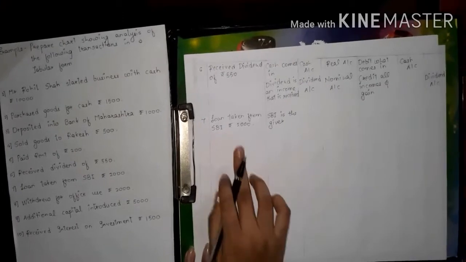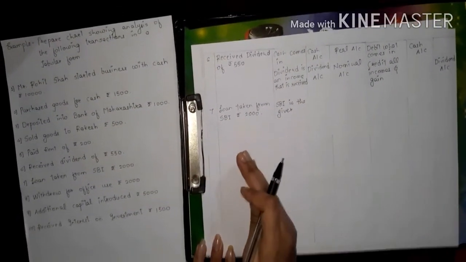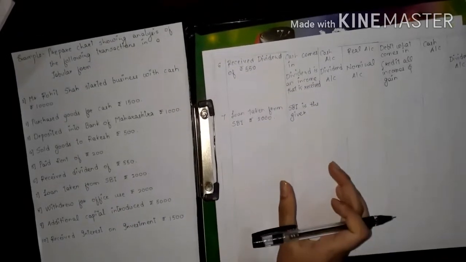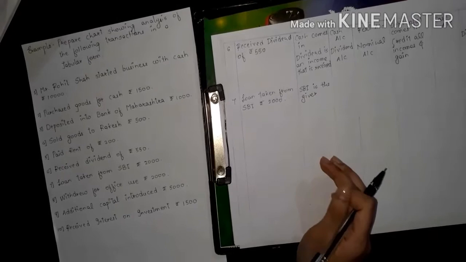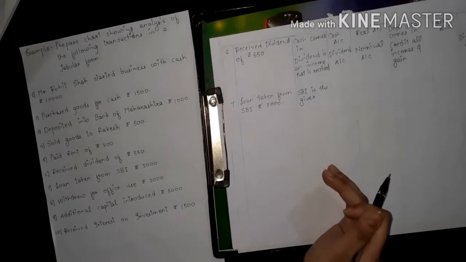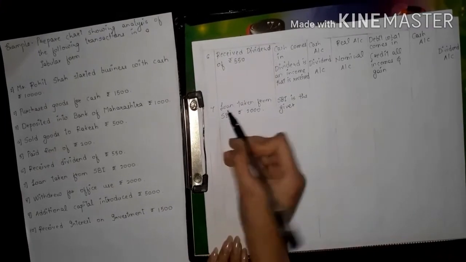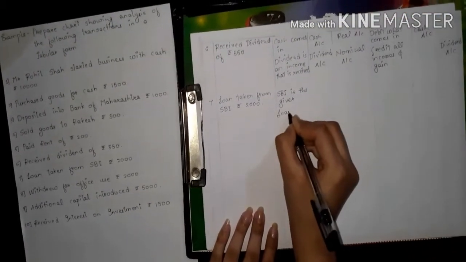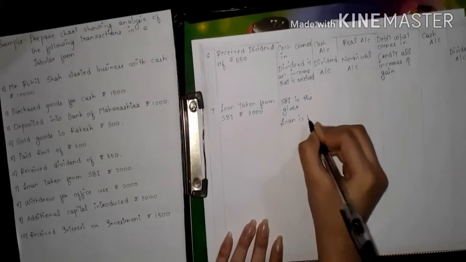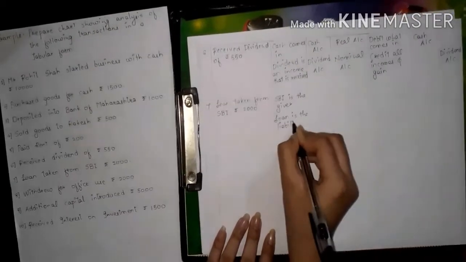Now loan, we always know we have to pay it after a certain period that is allotted to us, after 7 years or after however many years you have signed the agreement for. So loan will be our liability, that is you have to pay that. So we will write here, second is loan is the liability, because this is to be paid after a certain period.